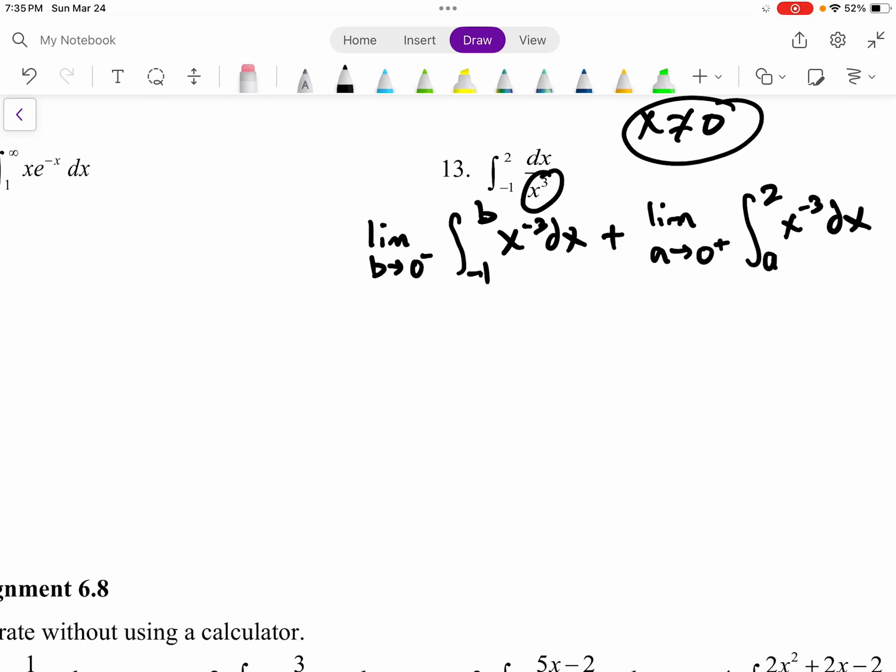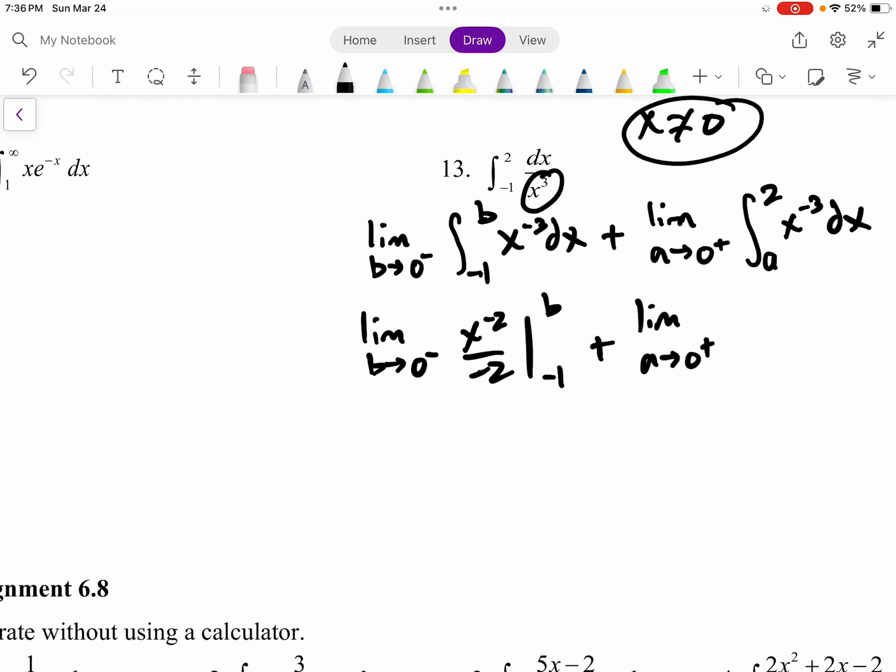On that first one, I have the limit as b approaches 0 from the left of x to the -2 over -2, going from -1 to b, plus the limit as a approaches 0 from the positive side of x to the -2 over -2, going from a to 2.